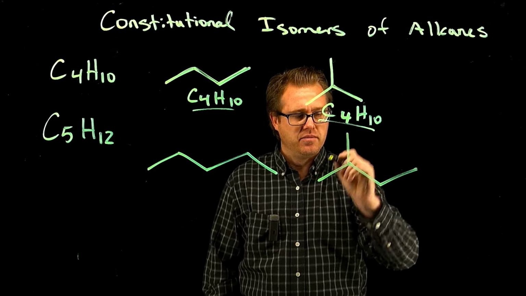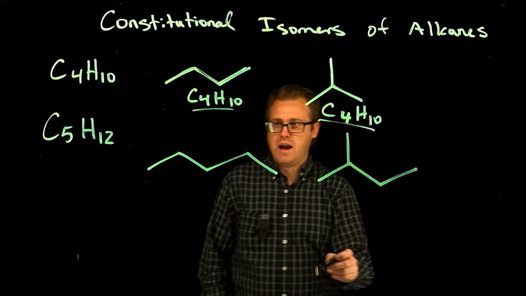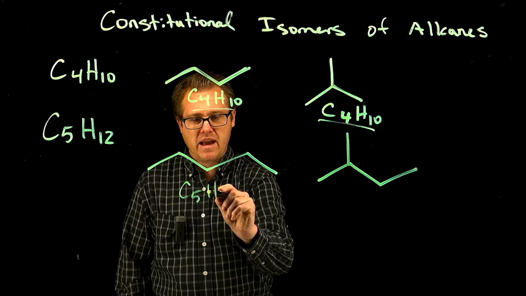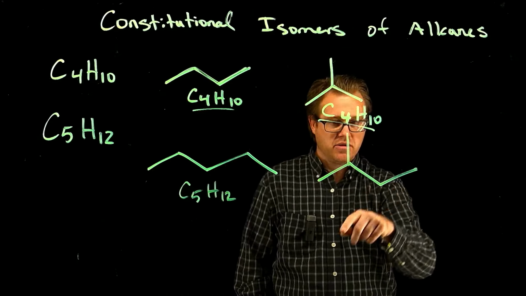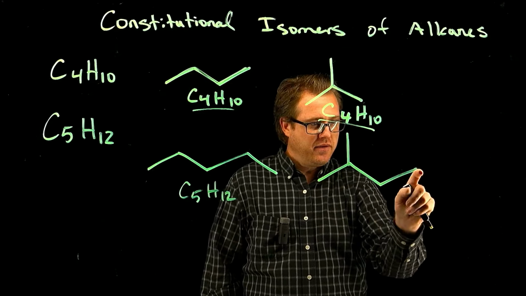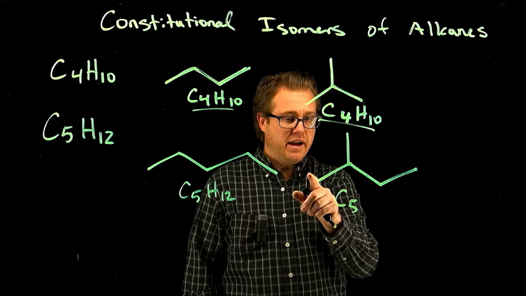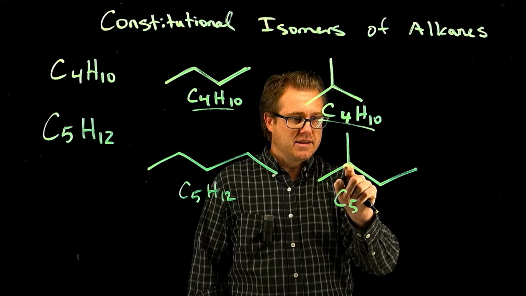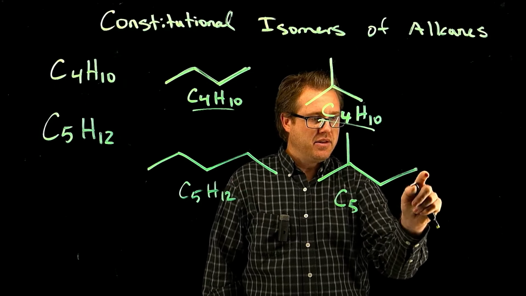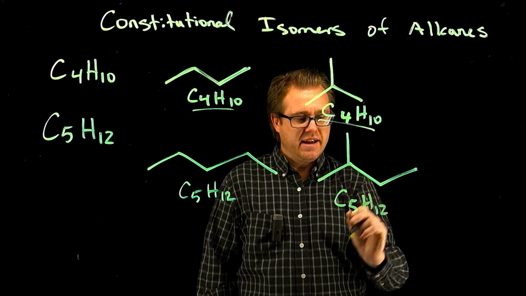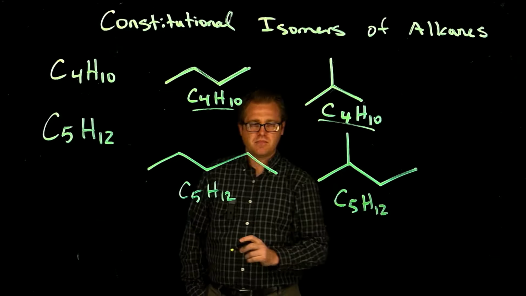Just stuck it right there. Do I have 5 carbons and 12 hydrogens for this molecule? 1, 2, 3, 4, 5 carbons. And there's 3, 6, 7, 8, 9, 10, 11, 12. So that is a constitutional isomer.